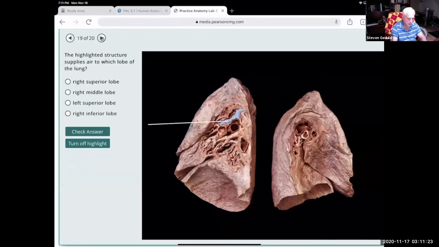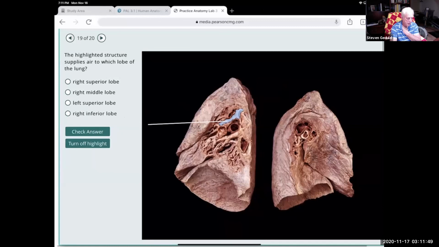Okay, and this one here, the highlighted structure supplies air to which level of the lung. So you know the highlighted structure is the bronchial, right? It's a bronchial tube coming off from the right bronchus, and this supplies air to which? It's the right lung, right? Because it has 3 lobes. So it's going to be the right superior or the right middle or the right inferior.